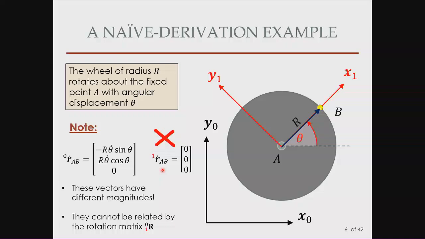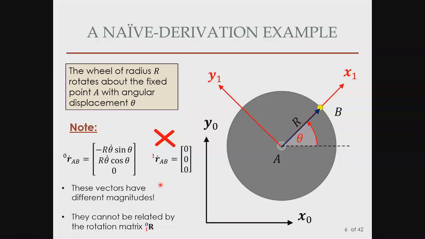It has direction and magnitude, and you can express it in any frame you want. So what you want here is to be able to transition from the representation in frame 1 to the representation in frame 0 just using a rotation matrix. Right now you cannot do that, right? It's wrong, therefore.